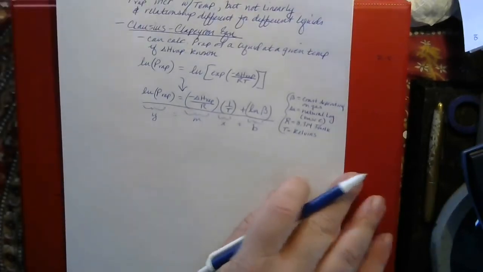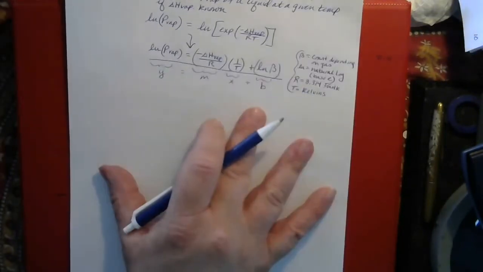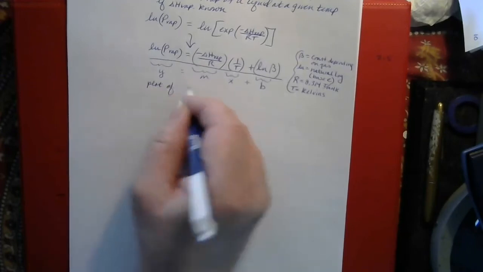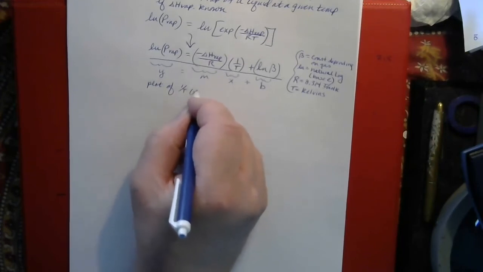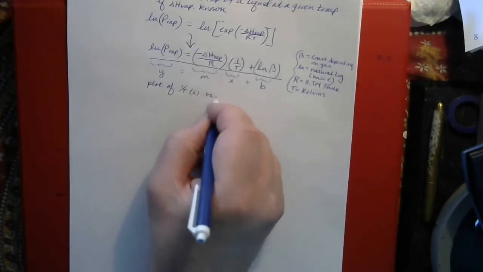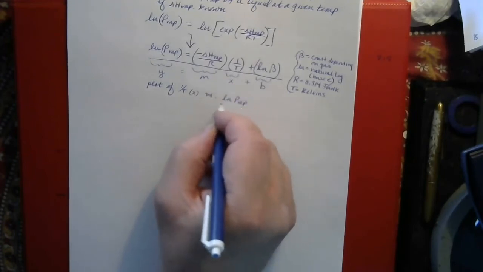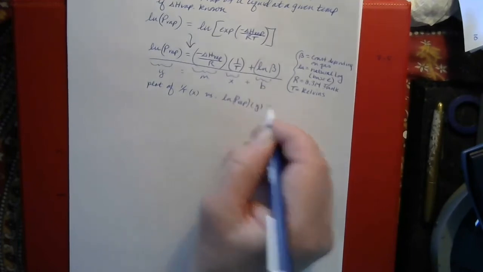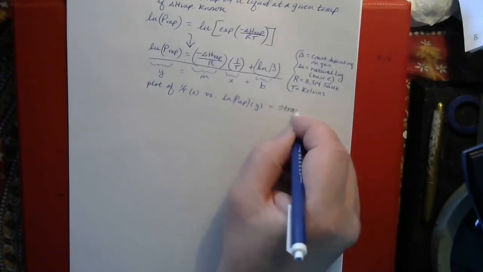So what we have here is an equation that will give us a straight line if we plot it out. So a plot of 1 over temperature in kelvins on the x-axis versus natural log of the vapor pressure as the y-axis will give you a straight line.